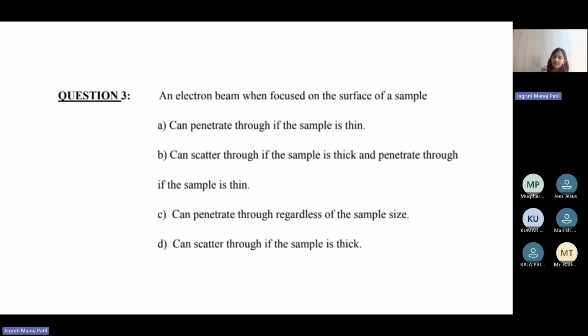Or will it scatter if it's thick and penetrate if it's thinner? What happens to the beam? Anyone?